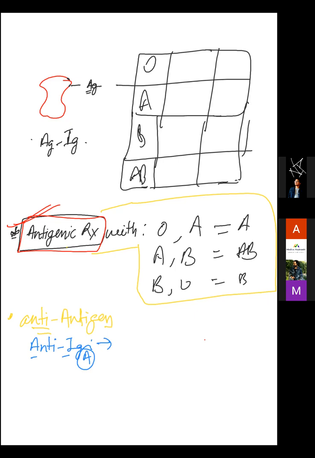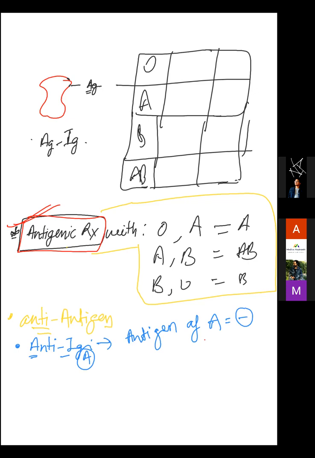in that moment you don't have to go like it does not react with the anti-antigen of A. Simply it means that antigen of A is not present here. Antigen of A absent. But that doesn't mean that B is present or O is present. It only and only means that antigen of A is not present. So you will have to go for the next step.